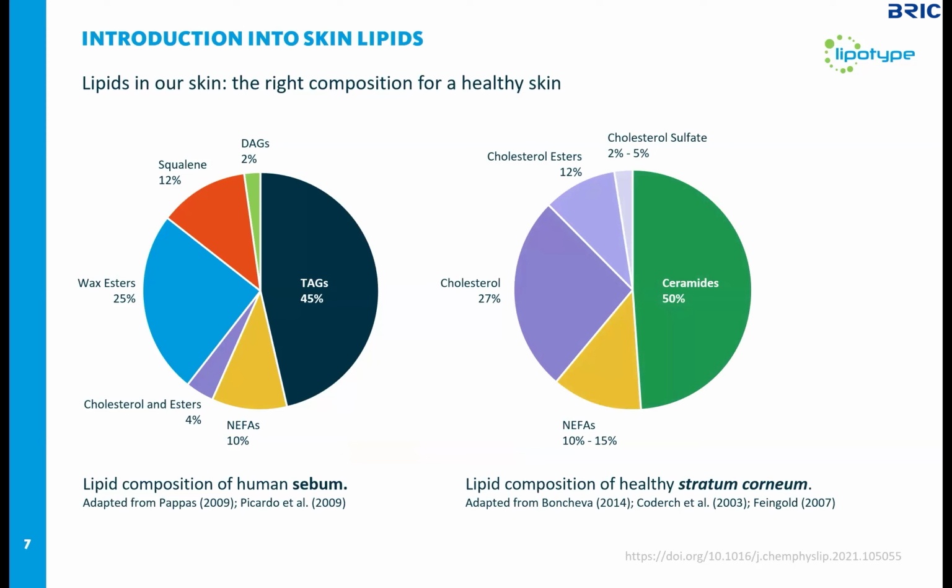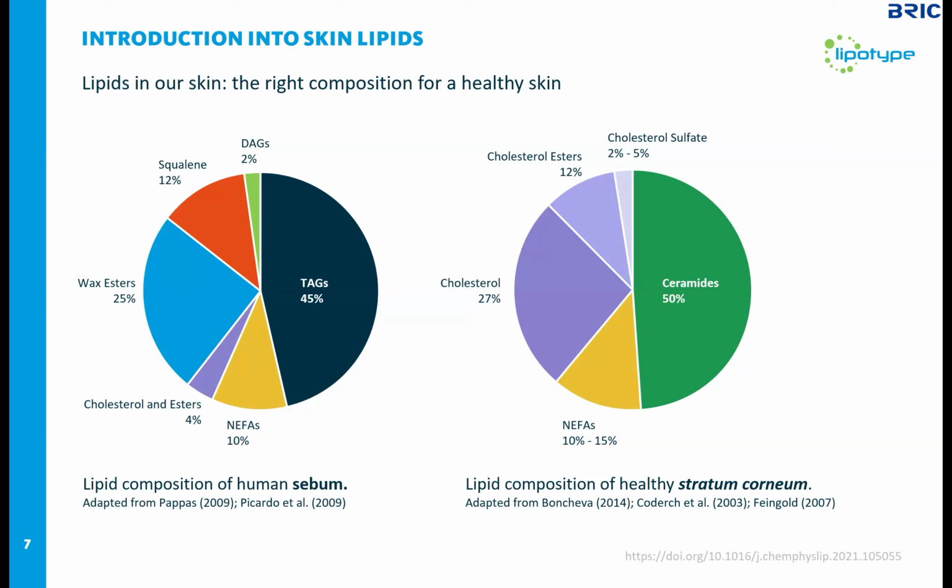So as you can see on the slide, sebum primarily consists of triacylglycerols, followed by wax esters, squalene, and non-esterified or free fatty acids, with a small addition of cholesterol and esterified cholesterol and diacylglycerols. Whilst on the graph on the right, you can see the composition of stratum corneum.